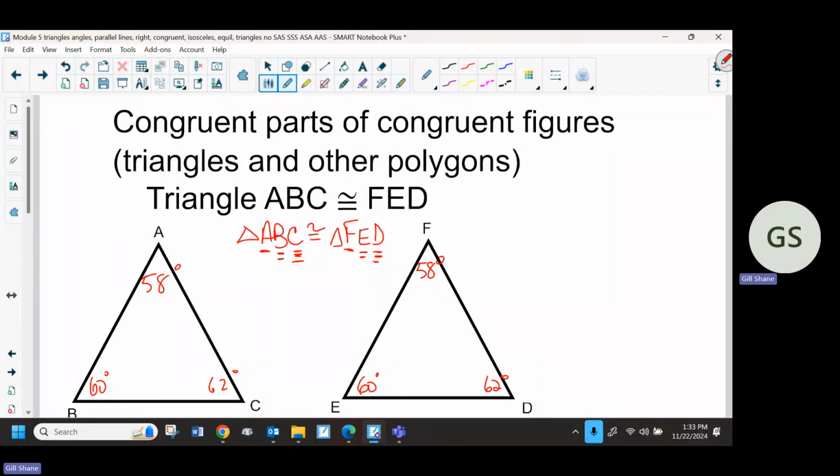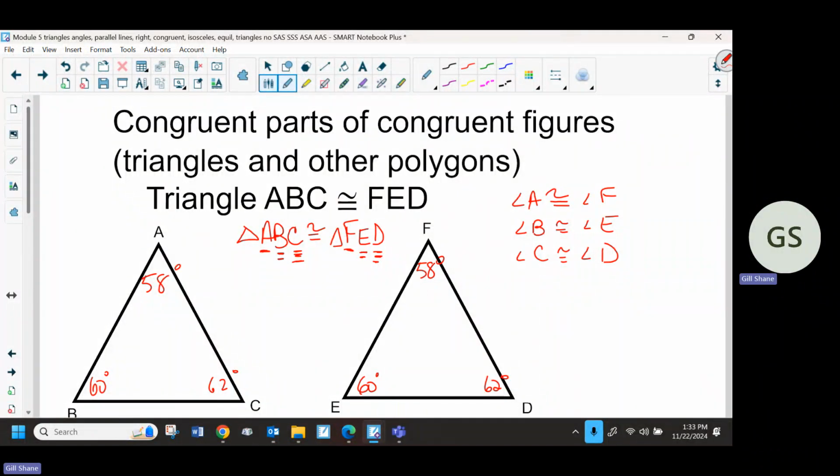So again, you can write angle A congruent to angle F, angle B congruent to angle E, angle C congruent to angle D. And we could do the same thing for the sides.